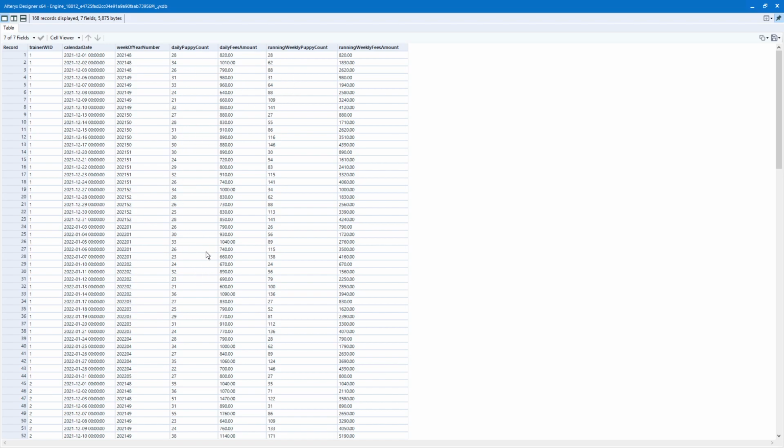But I still have the daily counts in this table and the daily dollars, so I can do some additional reporting if I want to. But then again, it makes it easier just to look at what's happening weekly. There's no reason not to go ahead and create lots of metrics within this table should you have a need for those. But in our case, we just had this one.